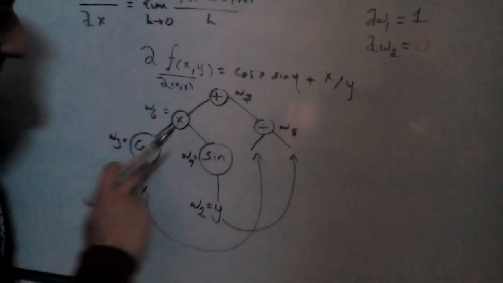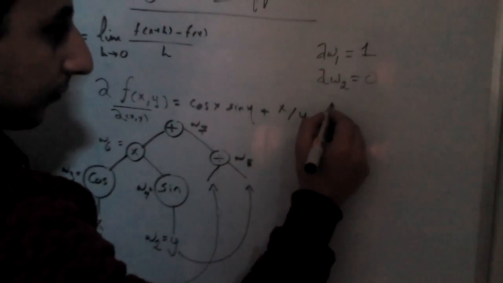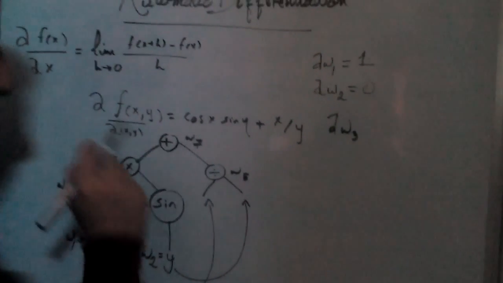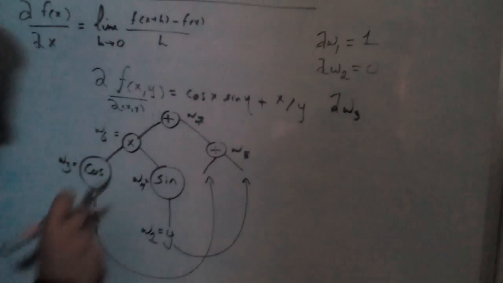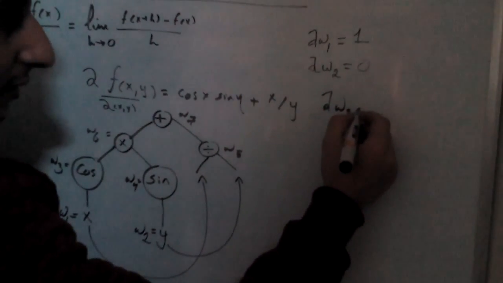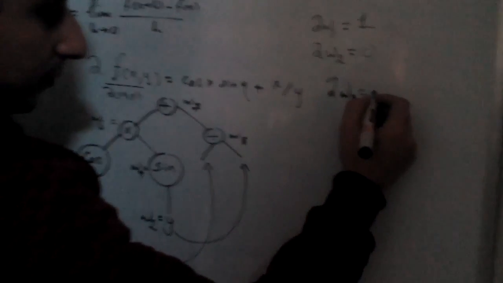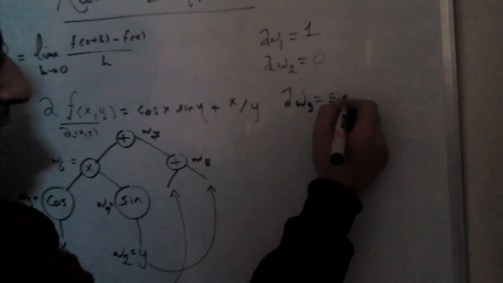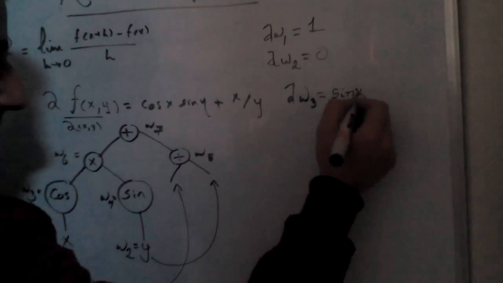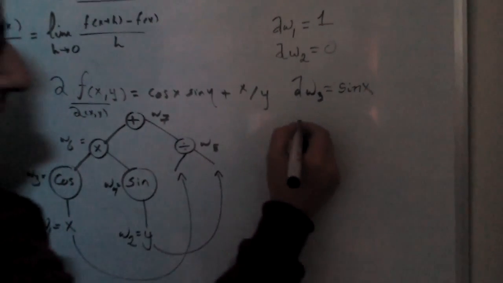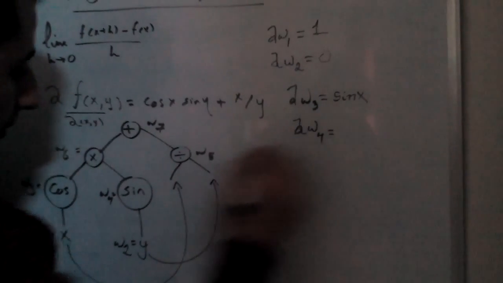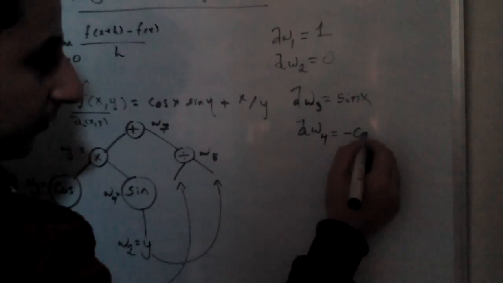The second level, we have got to do the d omega 3 relative to x. Remember, we are doing the derivative relative to x. Cosine x, derivative of a cosine is a sine, and derivative of omega 4, derivative of sine is minus cosine.